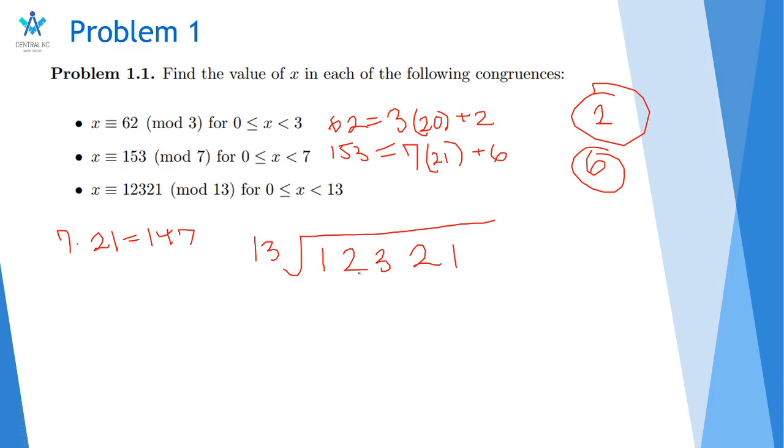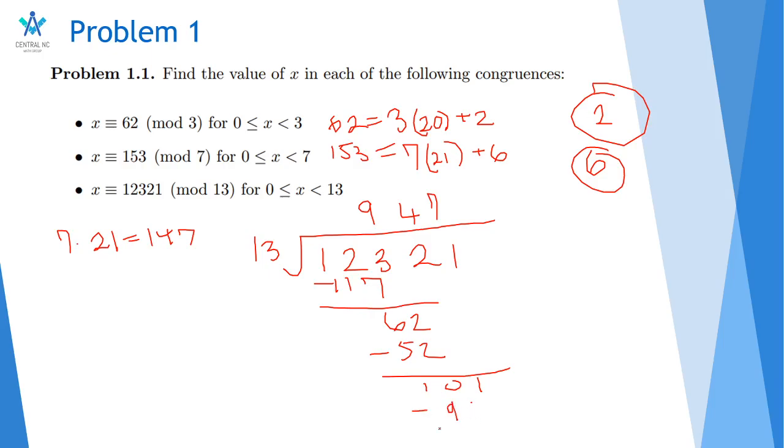So 13 goes into 123 9 times, and so 9, 117, 62, and 13 goes into 62 4 times, and so we subtract by 52 here to get 101, and 13 goes into 101 7 times, so that would be minus 13 times 7, which is 91.